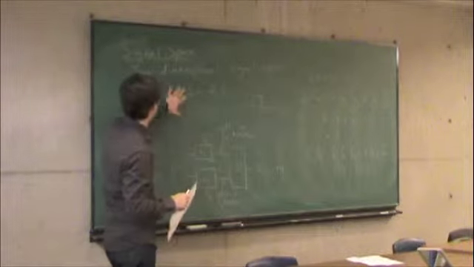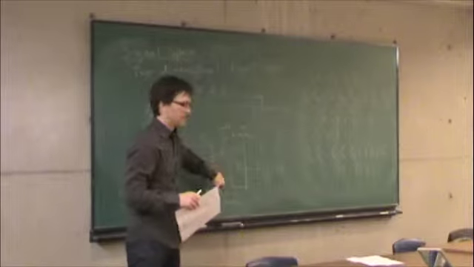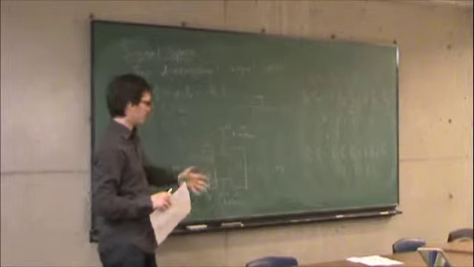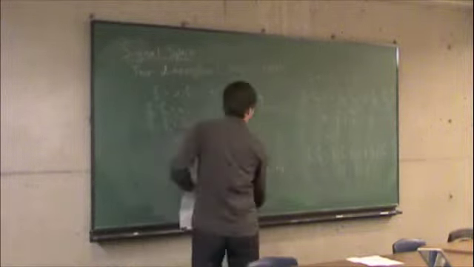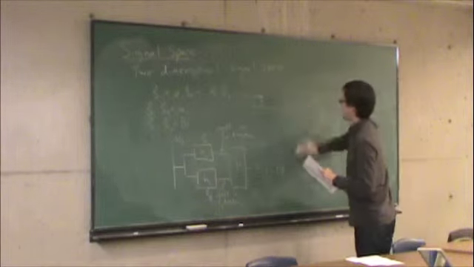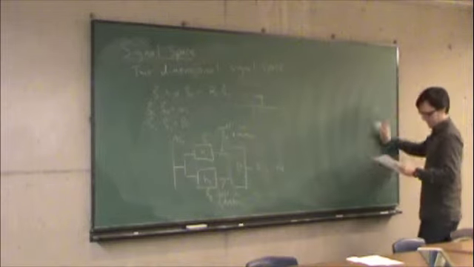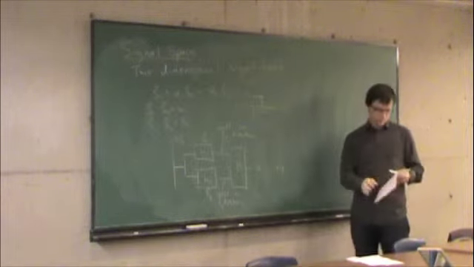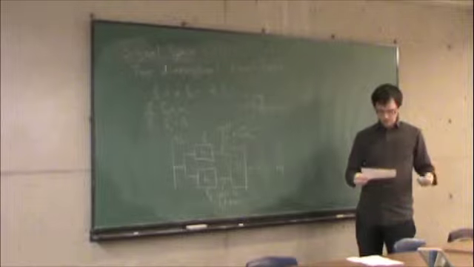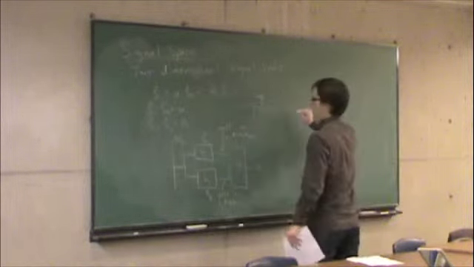Basically, it makes sense to call this a two-dimensional receiver because each filter output gives me one of the coefficients in each dimension. So my noise-free filter outputs are now two-dimensional.